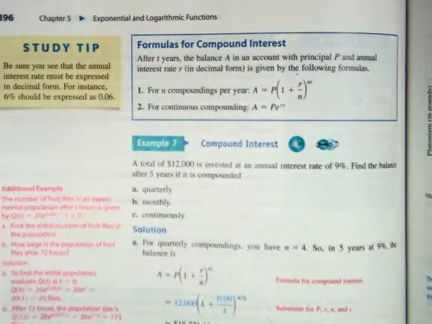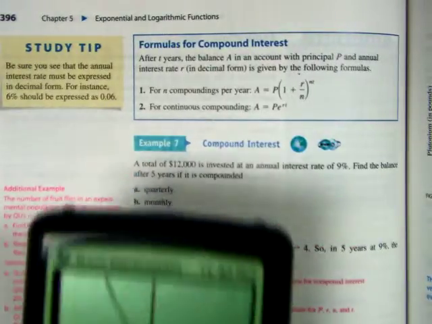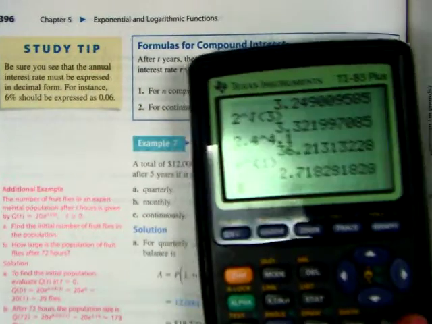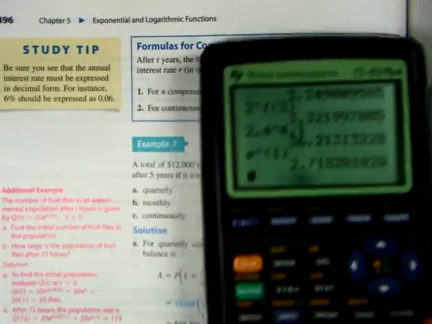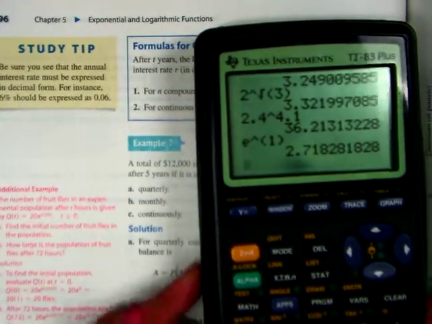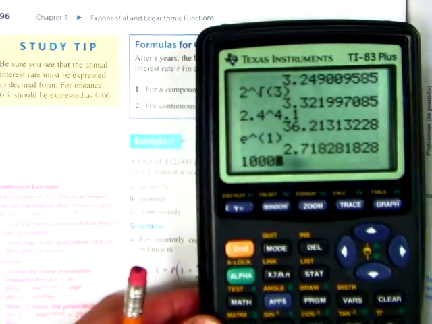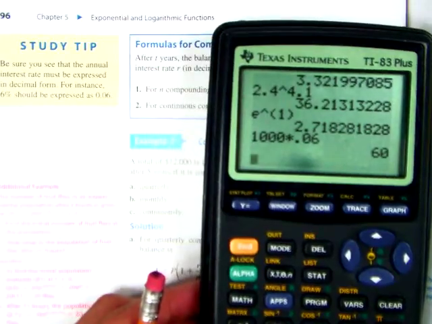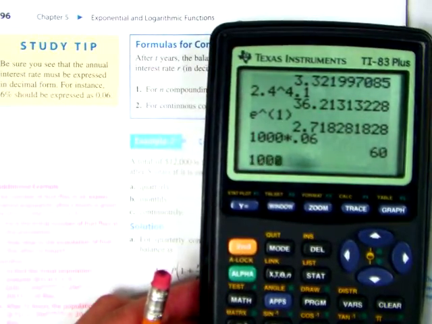So let's look at that again. We started at $1,000 and we multiply it by the rate, and we would have got $60 of interest if we just did it once. But let's say I now ask them, could you take my $1,000 and divide the rate in half?